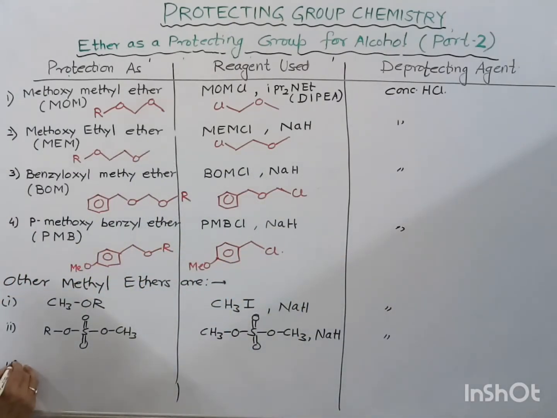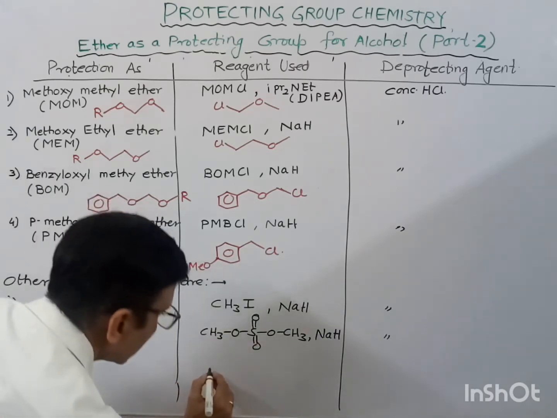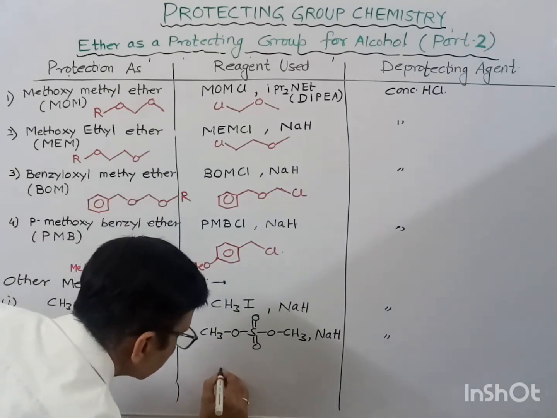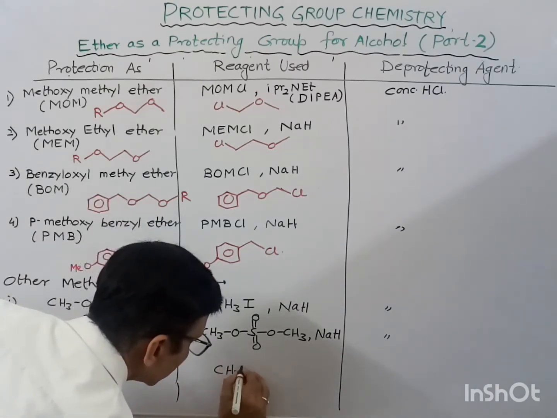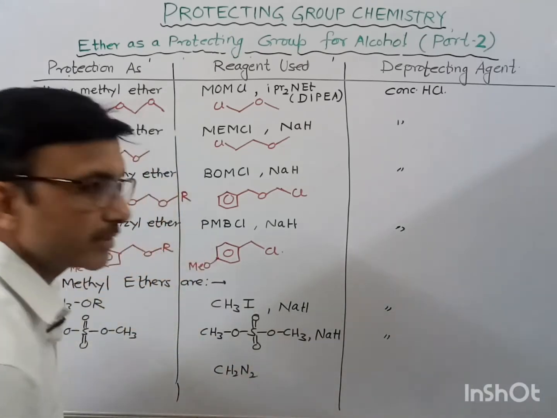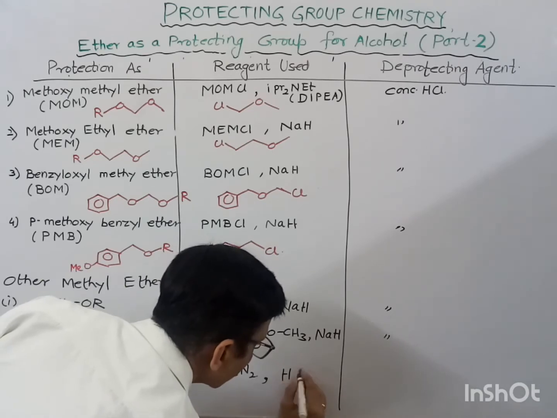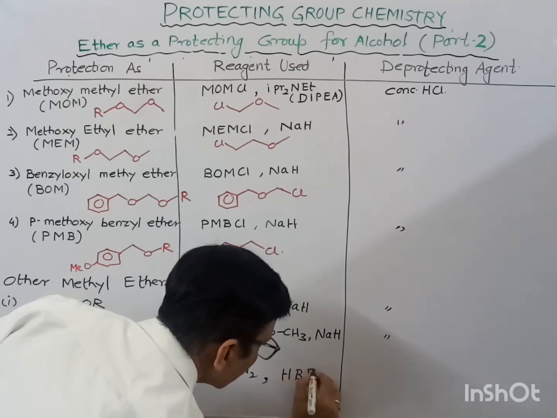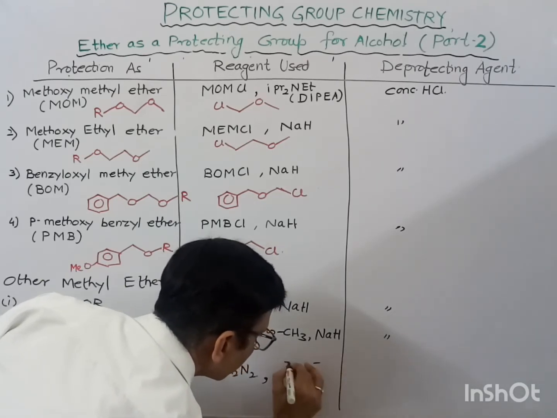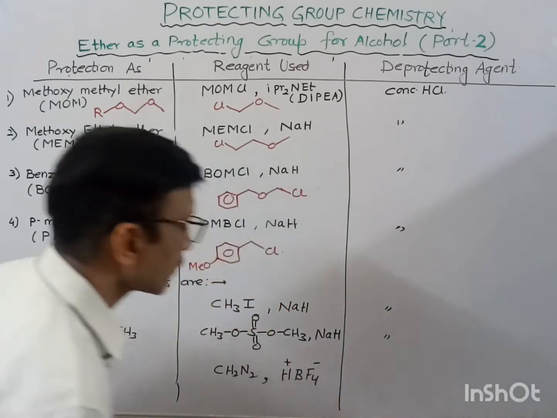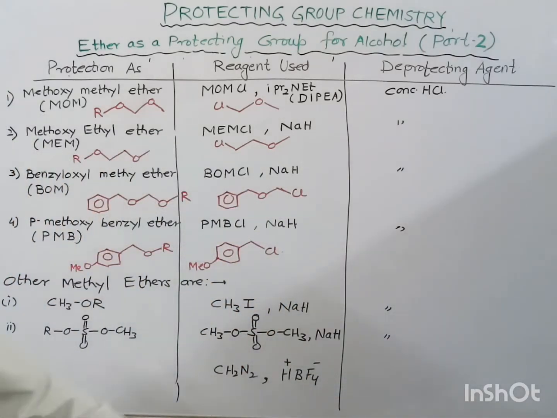Now next one, diazomethane, that is CH2N2, can be used in presence of tetrafluoroboric acid.